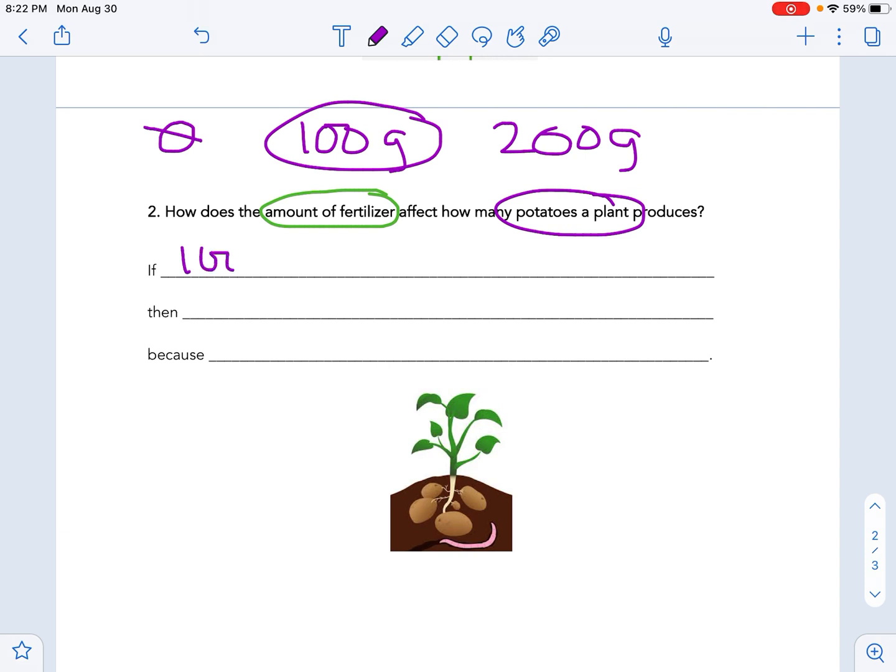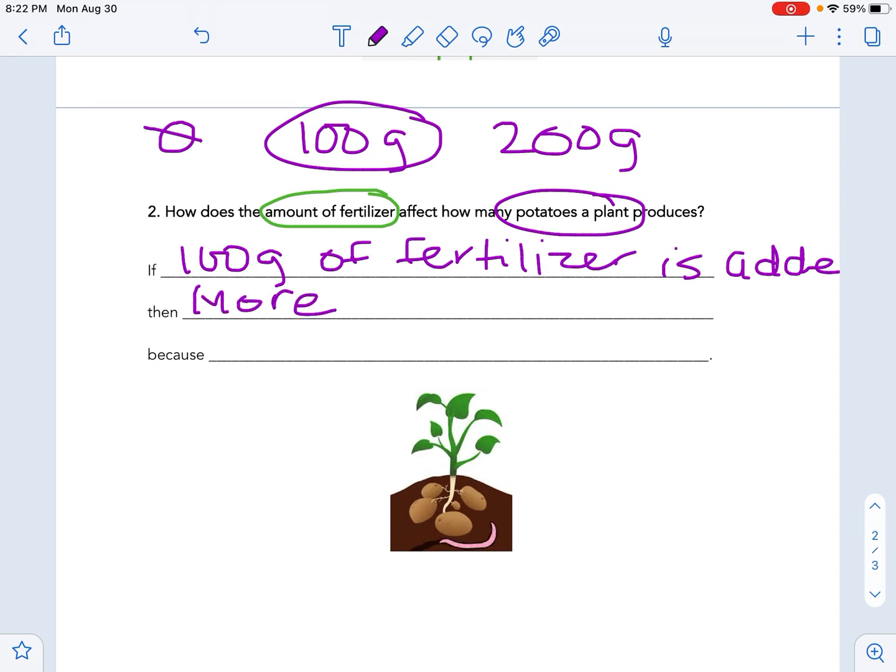So if 100 grams of fertilizer is added, then more potatoes will be produced. And now I have to talk about the why.